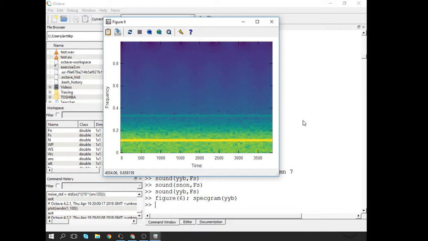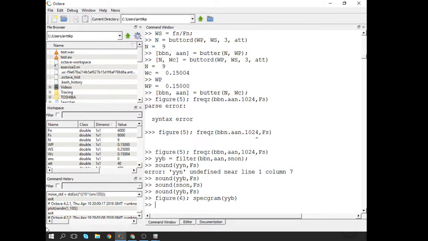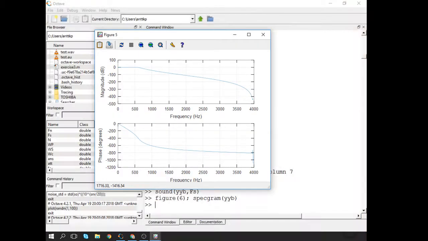Okay, let's take a quick look at one of those figures. So we had only a 9th degree filter here. So basically we reach the 100 dB stop band attenuation already around, say, 1700 Hertz.